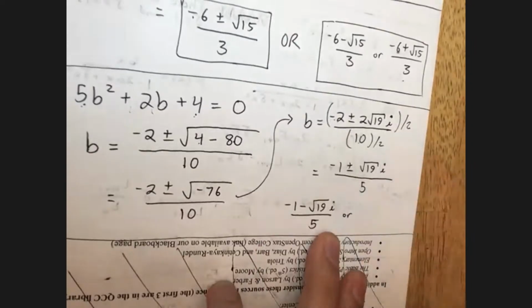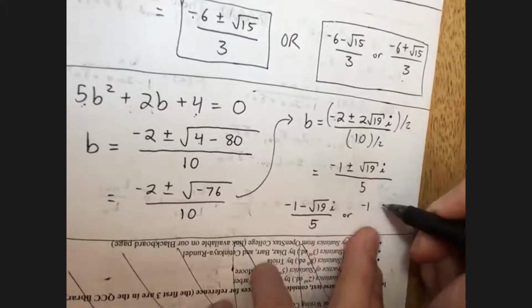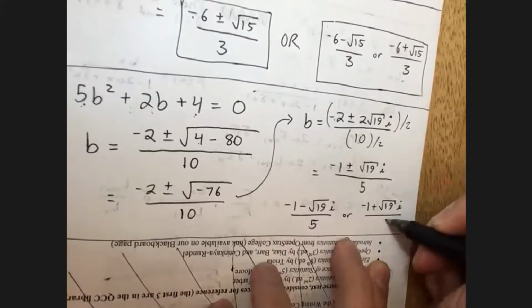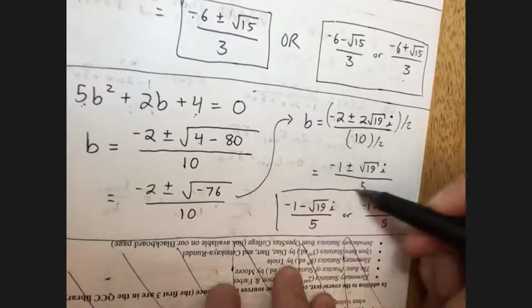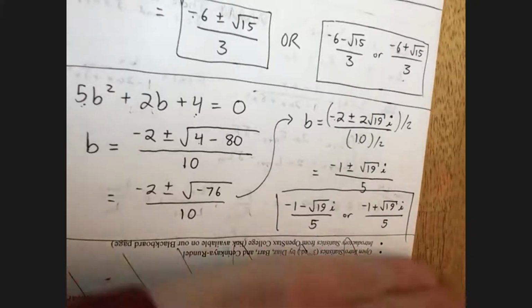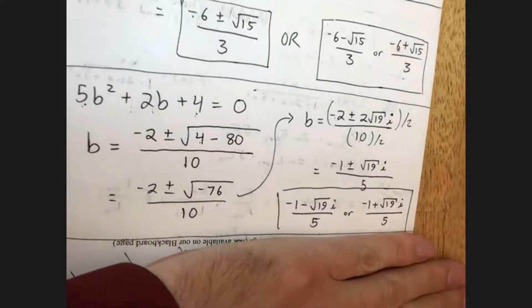And then the other answer is negative 1 plus root 19i over 5. So those are our two answers. Excuse the mess below here. Just ignore that. So that is our final answer. Okay. We get two complex solutions.